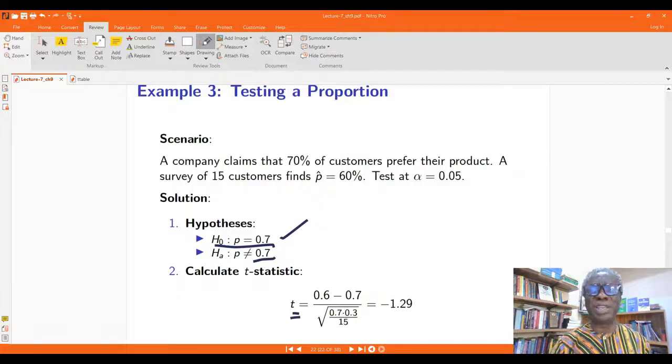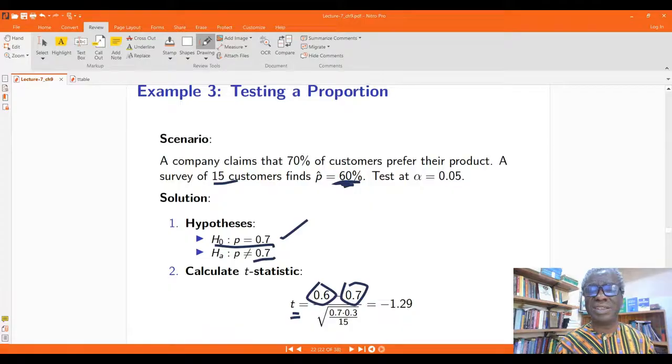The t statistic is computed using that expression, which is the proportion estimated from the sample, 0.6, minus the claim from the population, 0.7, and then P, the claim, times 1 minus P, which is 0.3, divided by the number of observations, 15. 15 customers were chosen.